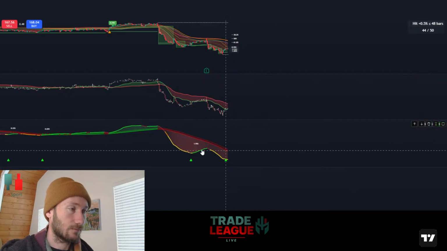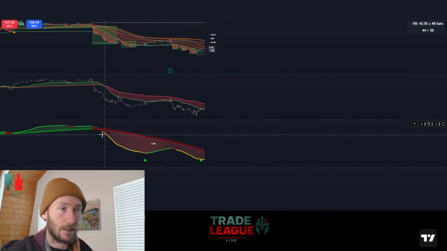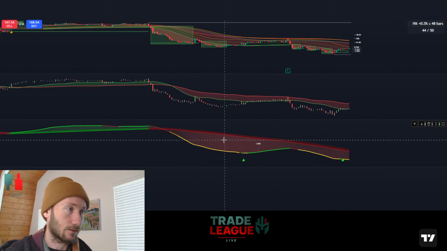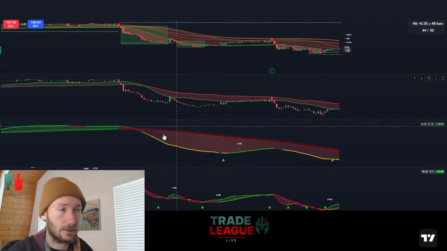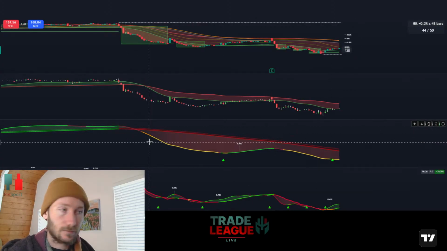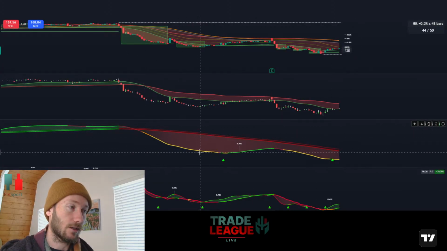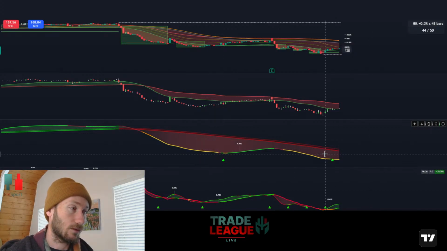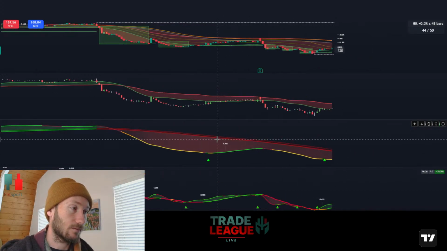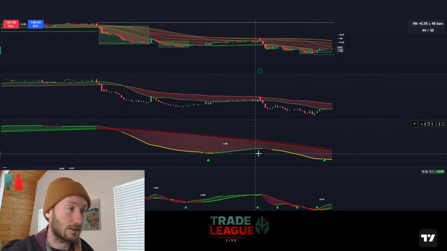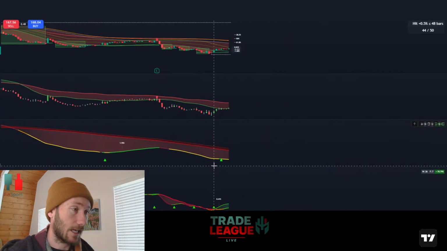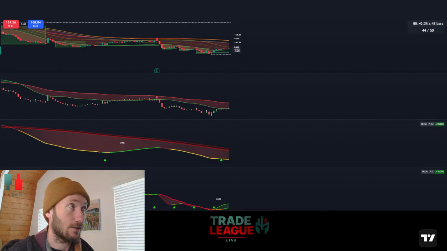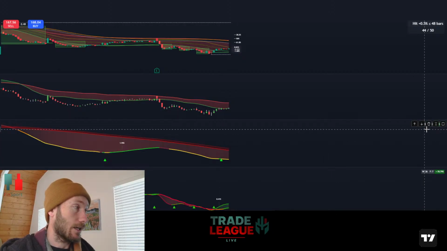There it is. So we got red. Let's look at it closer. This is the signal that we're looking at in these screeners. Red, orange, yellow, then green. So basically, it's a warning signal. We just had this green on LDOS.